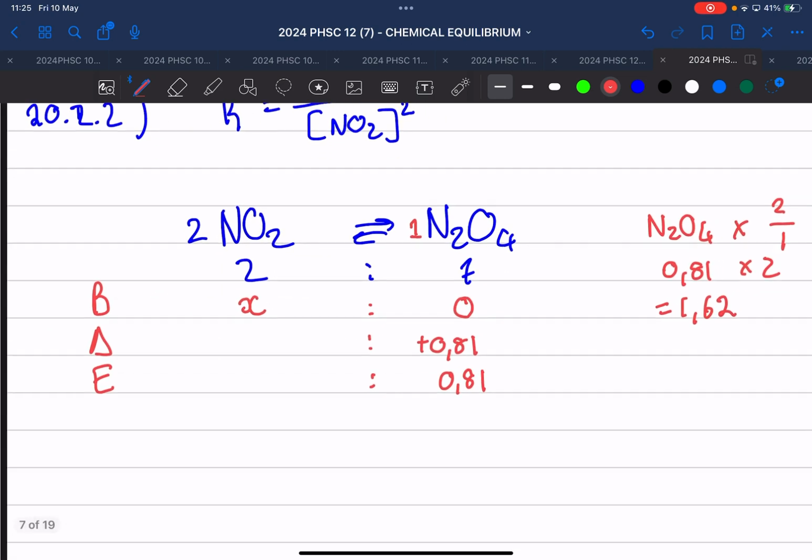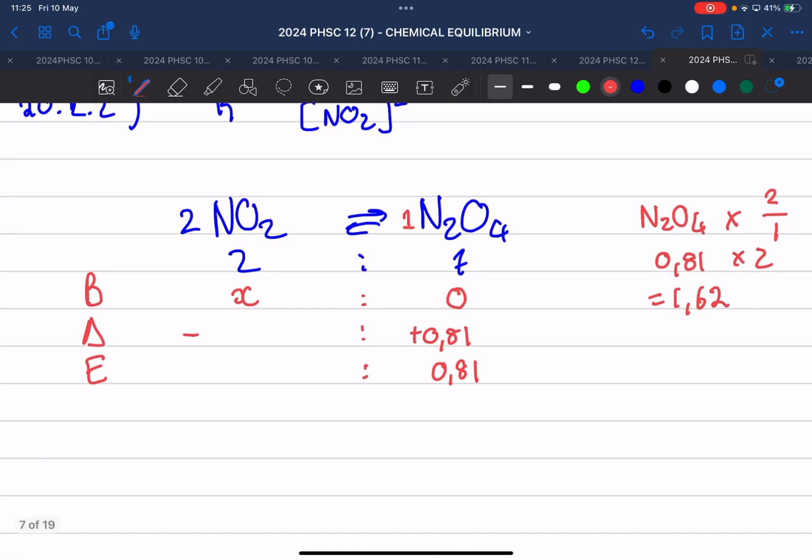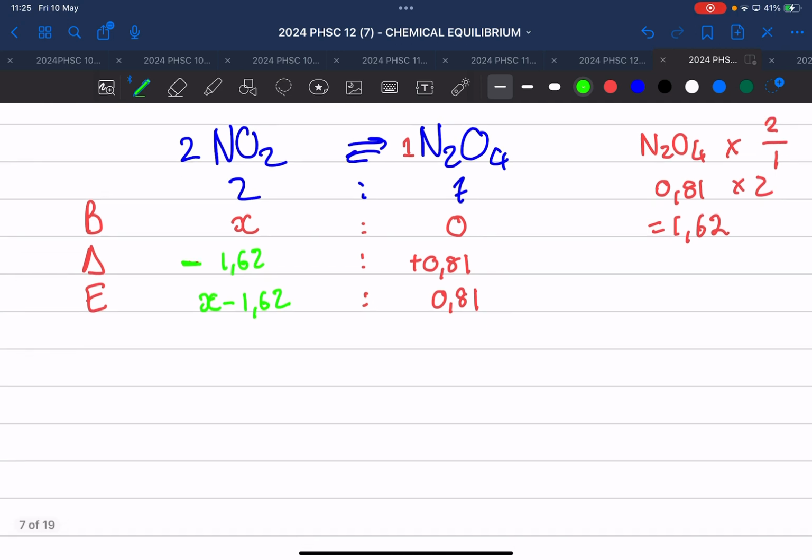So that means we used, let me write this in another color, 1.62 moles of nitrogen dioxide. So this is X minus 1.62. So now we have moles, so we need to convert to concentration. It's?